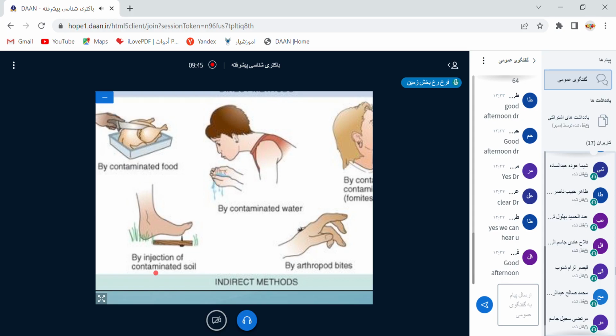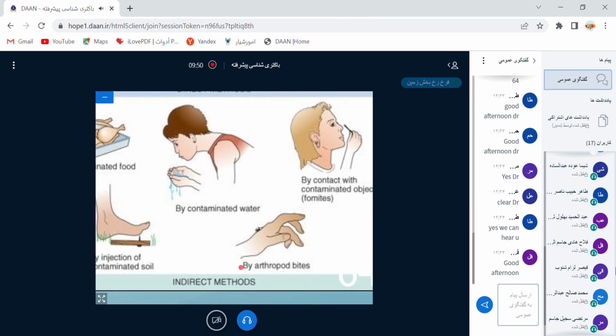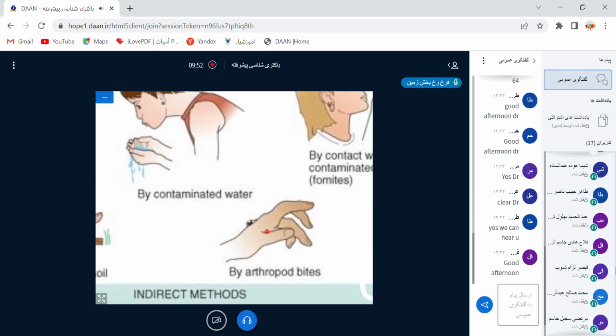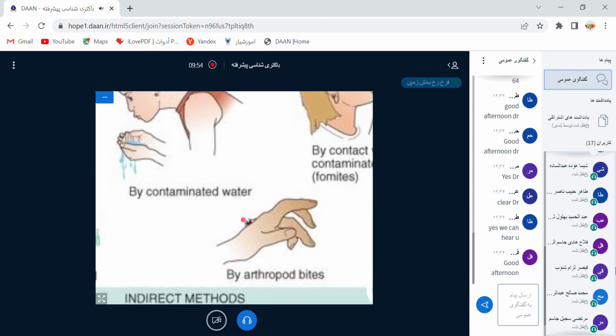By injection of contaminated soil, by arthropod bite, any insect like sandfly, tsetse, and anopheles.